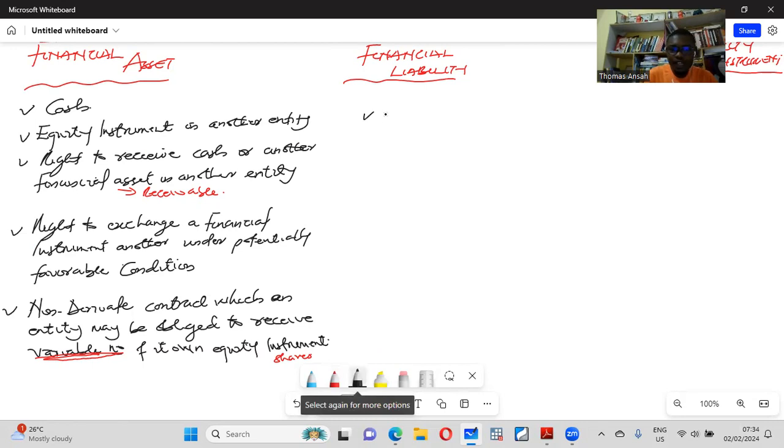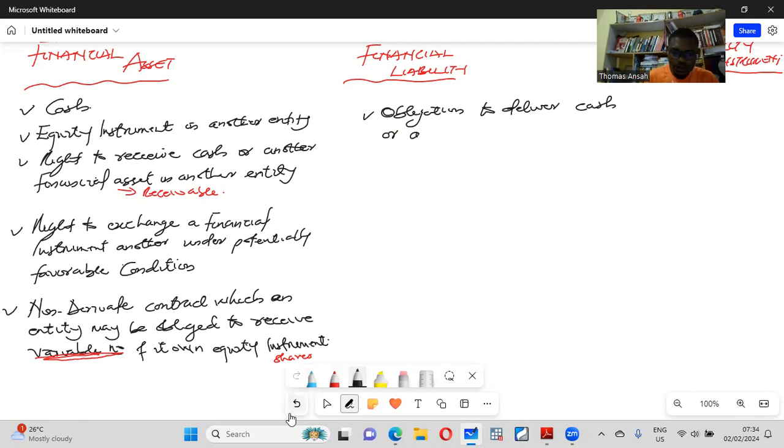Now we talk about financial liability, obligation. So an obligation to deliver cash or another financial asset, FA here meaning financial asset, to another entity. So here the key word is that you have an obligation, coming from the fact that it is a liability.